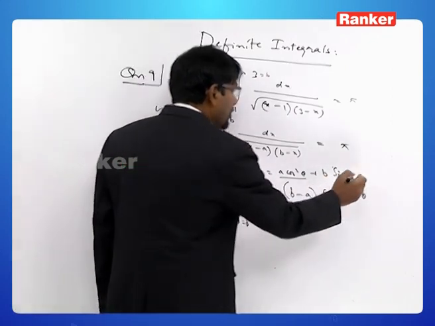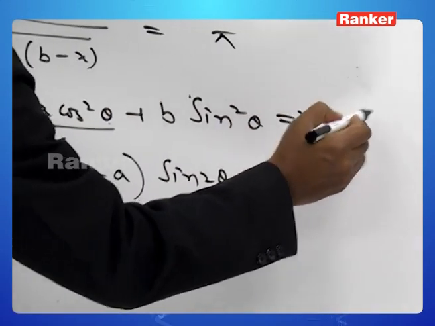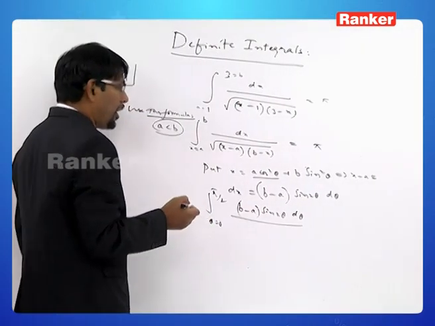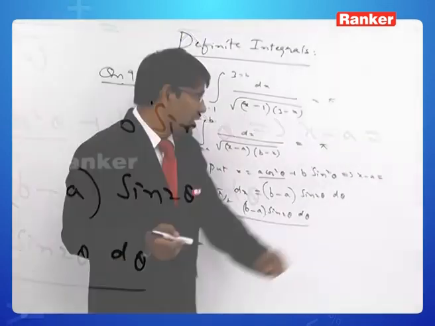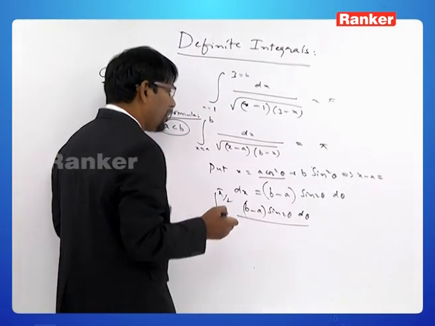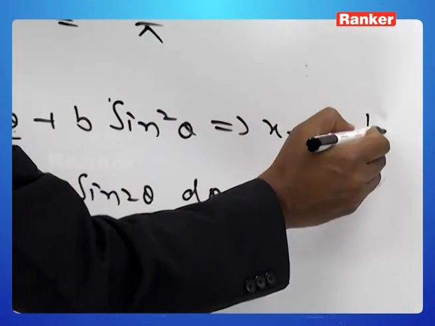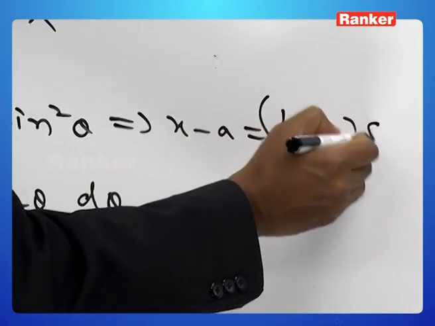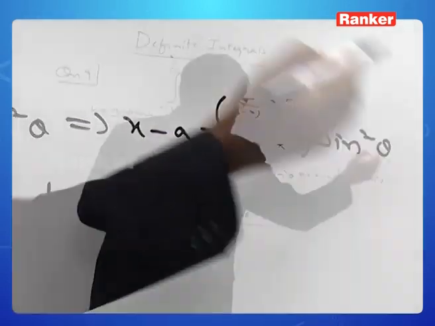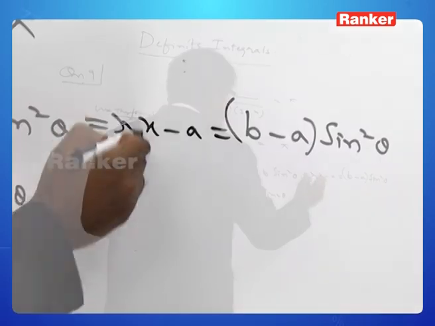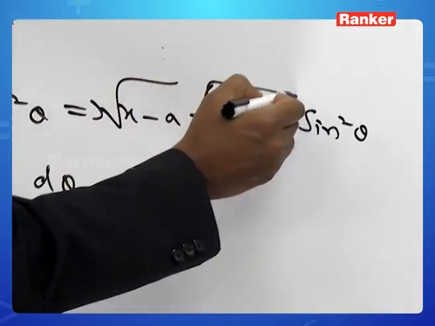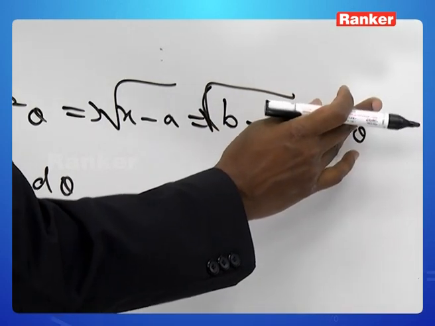X minus a. What about x minus a? What we'll do is write this a as a cos square theta plus b sin square theta. So that will give me b minus a sin square theta. A cos square theta will cancel and we will be left with this. So root over x minus a will become root over b minus a into sin theta.